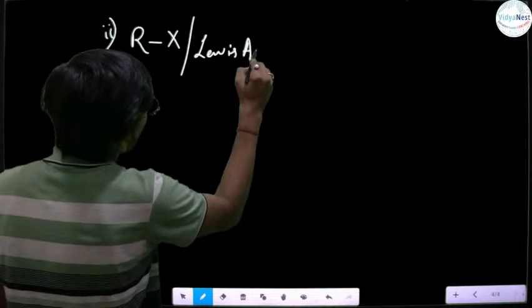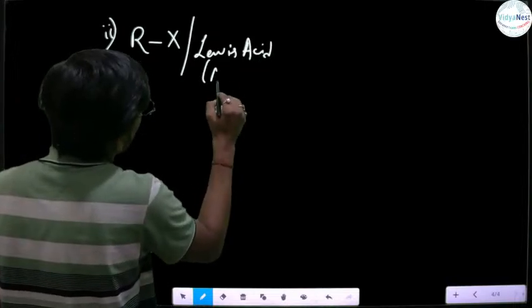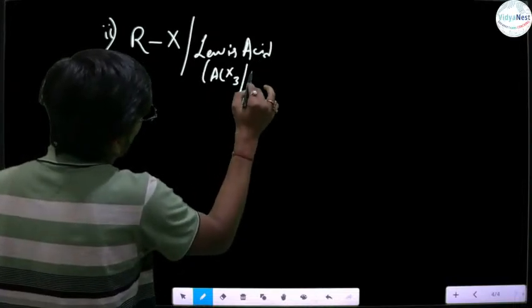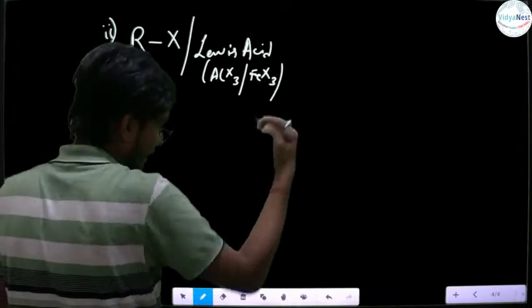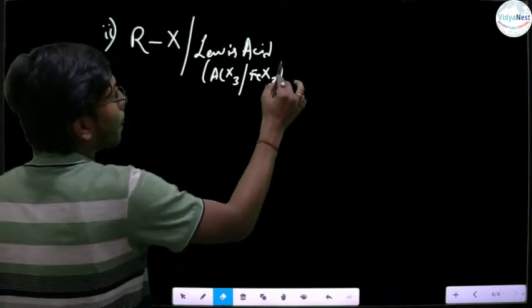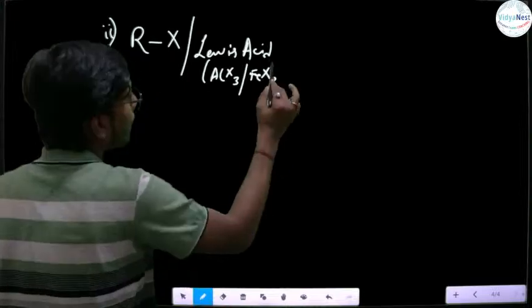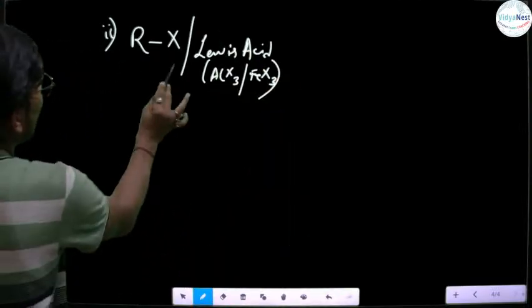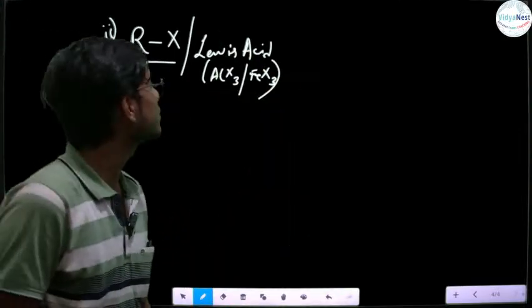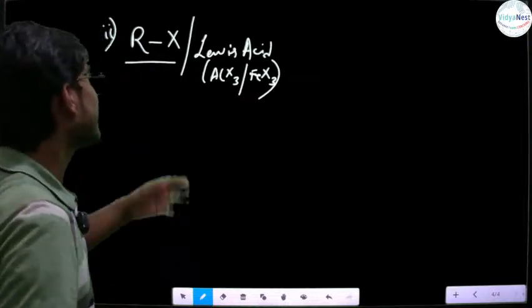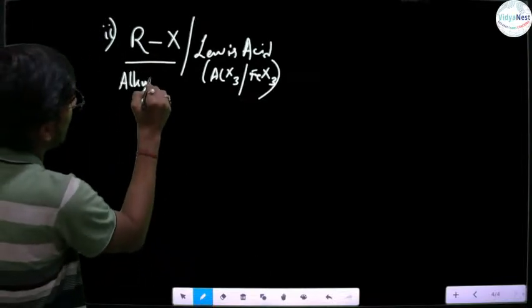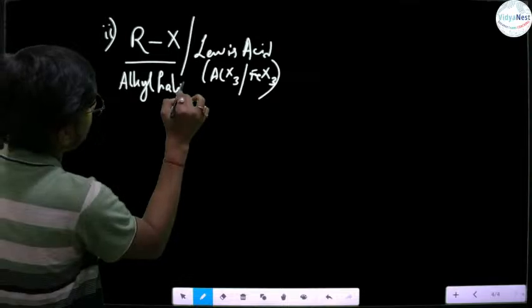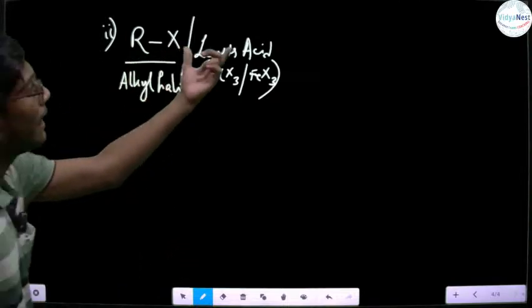This Lewis acid can be AlX3 or FeX3 or anything, there are many. So what is RX? R is an alkyl group, we already know, and X is a halogen. So it's basically an alkyl halide, right? We have an alkyl halide along with a Lewis acid.